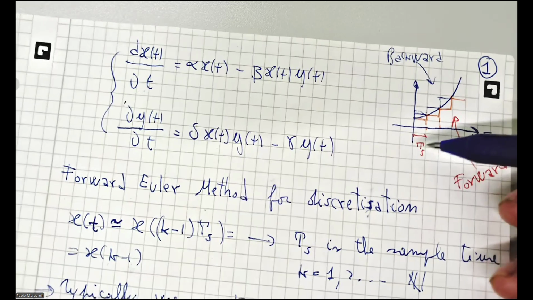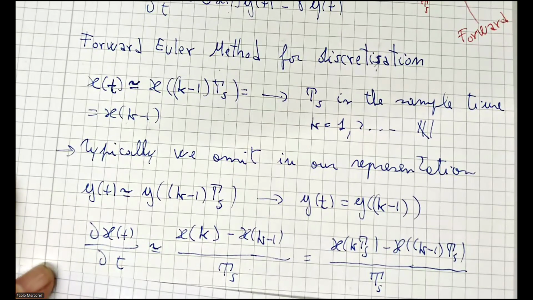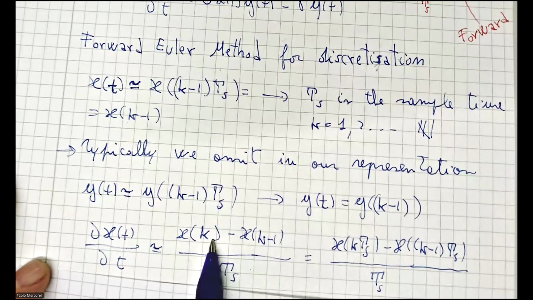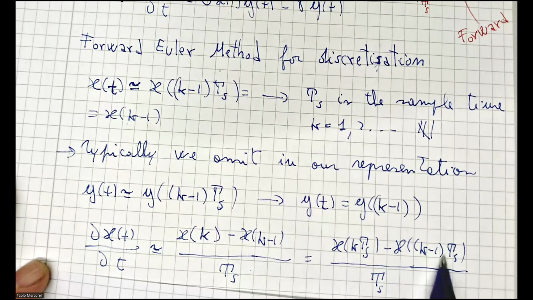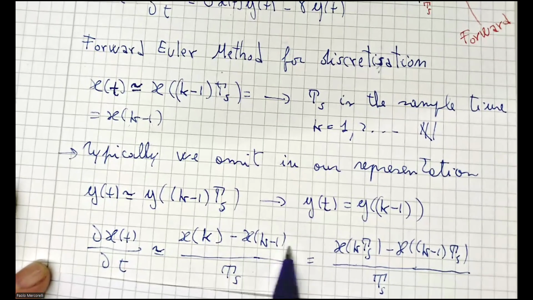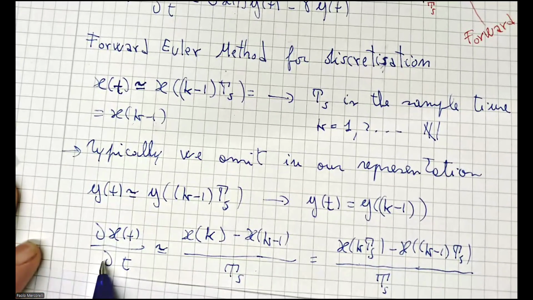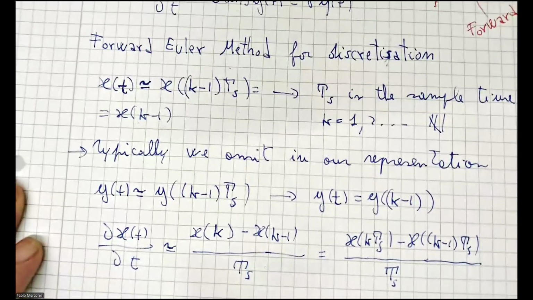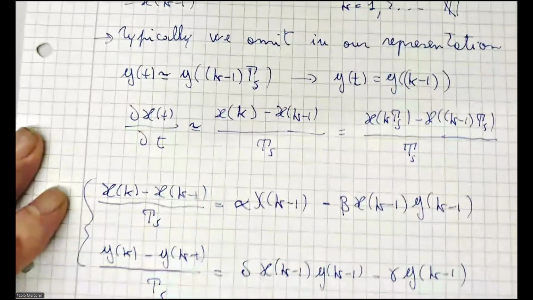This is exactly the approximation of the derivative which we learned in high school. Of course, this notation here means x of k Ts, and here means x of k minus 1 in parentheses multiplied by Ts, but we didn't put it basically. I can do the same for y. I didn't put it here, but I put it directly in the application.